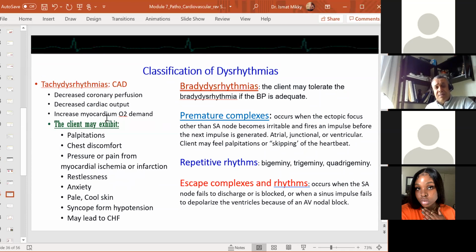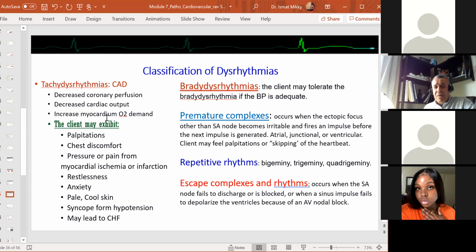These are some types or classifications of the dysrhythmias. Classifications are either bradydysrhythmias or tachydysrhythmias, like sinus tachycardia, that's a tachydysrhythmia. Sinus bradycardia is a bradydysrhythmia.